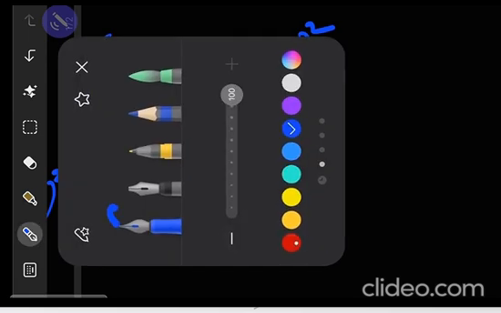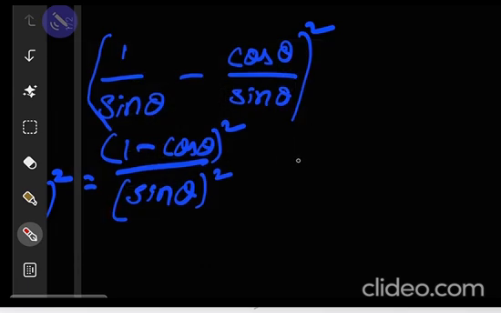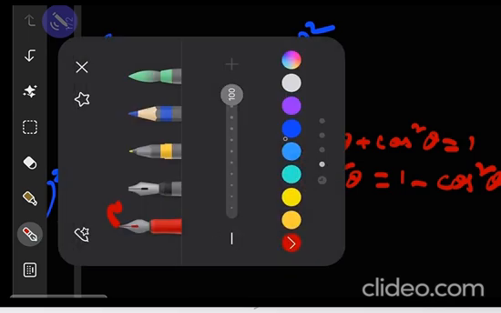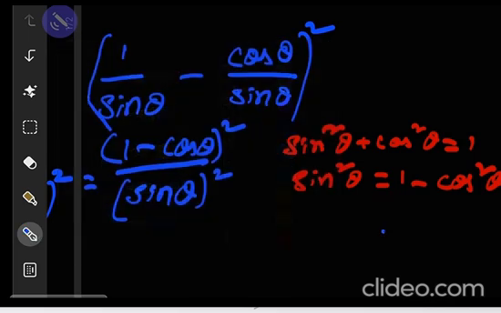So we have one identity. What is that identity? Sine square theta plus cos square theta is equal to 1. So I can replace sine square theta with 1 minus cos square theta.